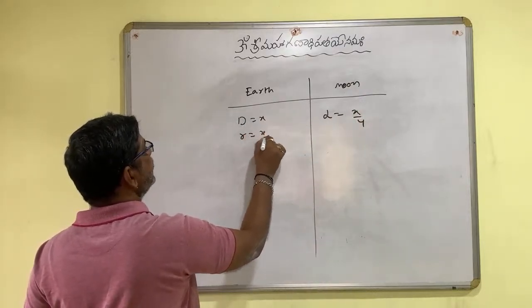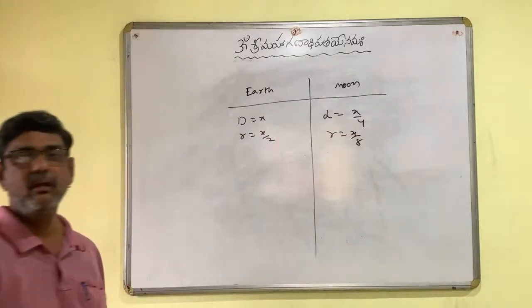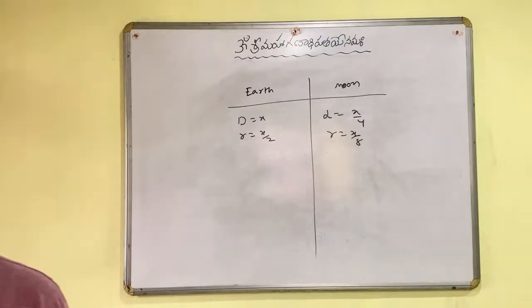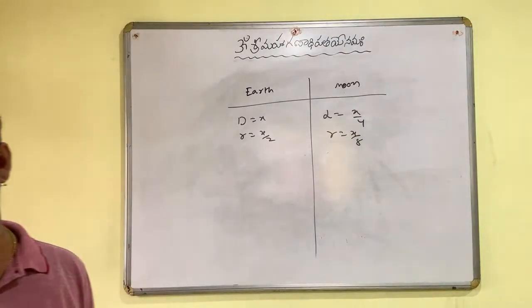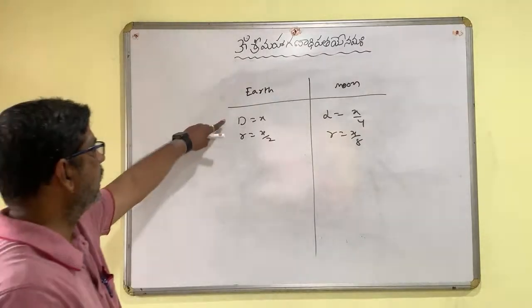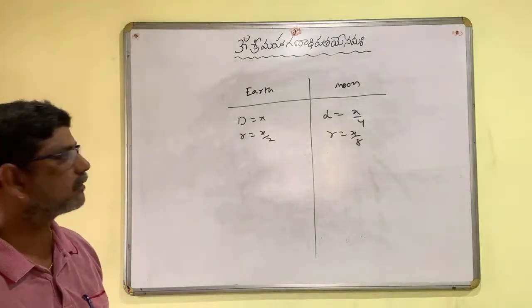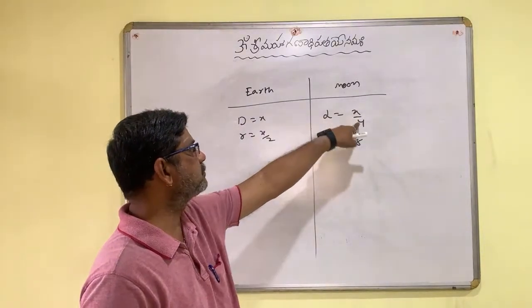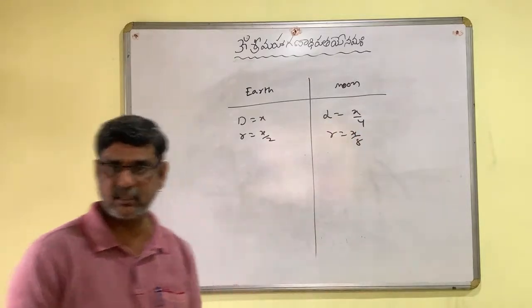The radius of Earth is x by 2 and the radius of the Moon is x by 8. In order to calculate volume, we need to have the radius. Diameter of Earth x units, then radius is x by 2 units. Diameter of Moon x by 4, 1/4 of Earth, then radius is x by 8.